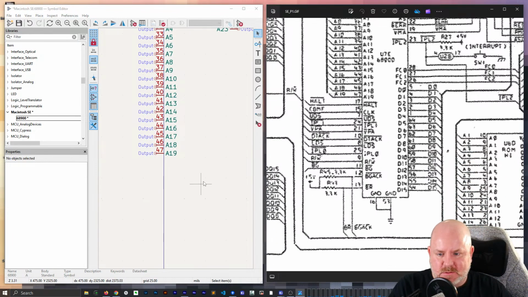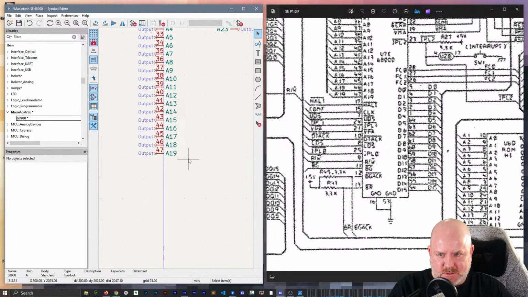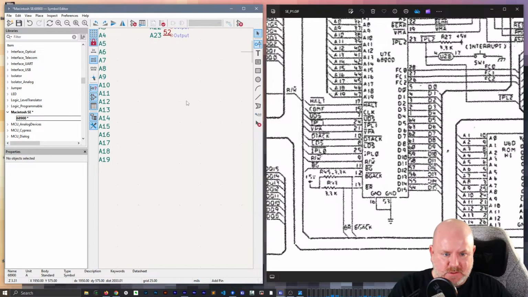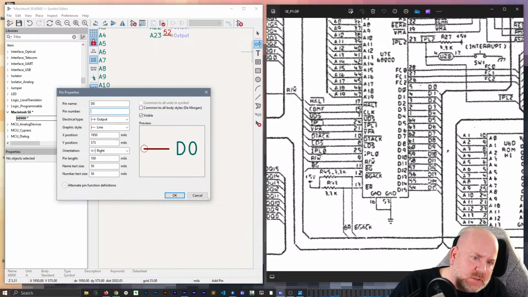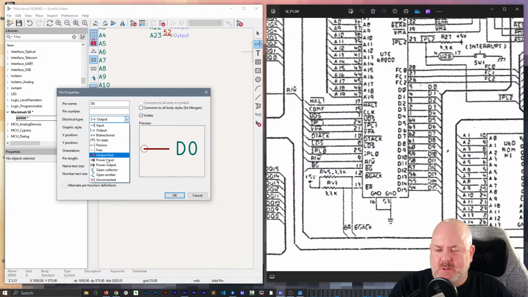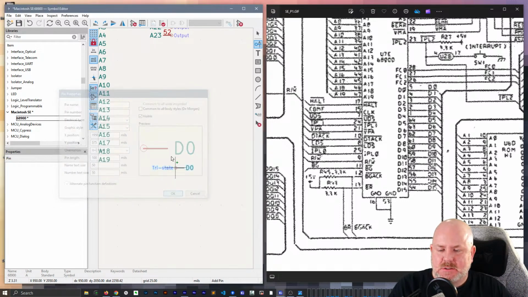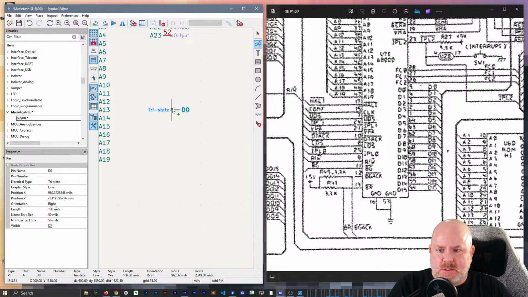So let's go ahead and do data next, since those are just, we'll just insert key those. Now this will be D0. Oh, and they go backward, of course. Okay, so I'm just going to do D0 and make them tri-state, and then we'll insert the thing.